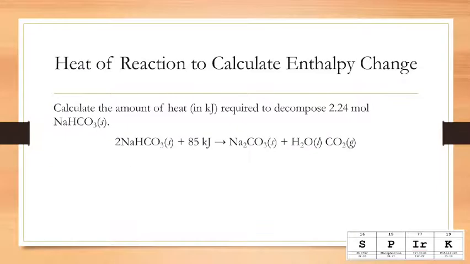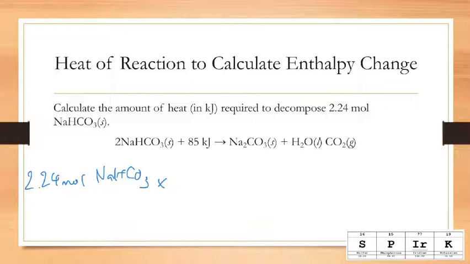So let's calculate the amount of heat in kilojoules required to decompose 2.24 moles of sodium bicarbonate. So what do we do? We always start with what we know. And we know that we have 2.24 moles of sodium bicarbonate. And if we look at our reaction, we can just set up similar to when we were setting up mole to mole ratios.